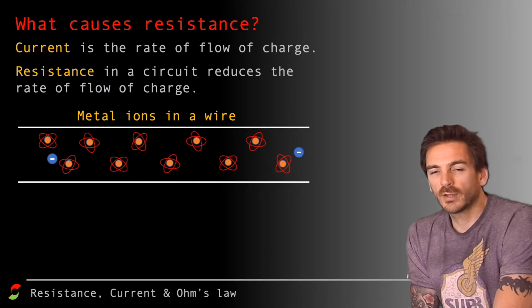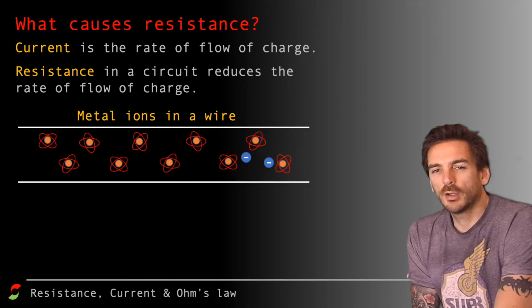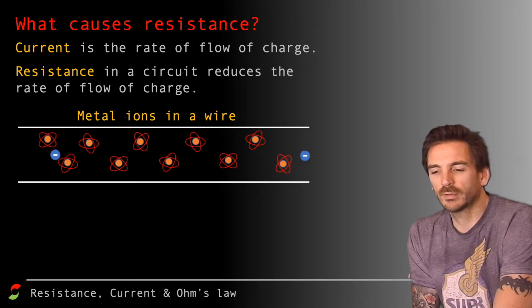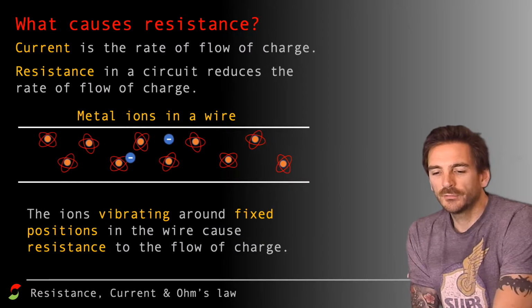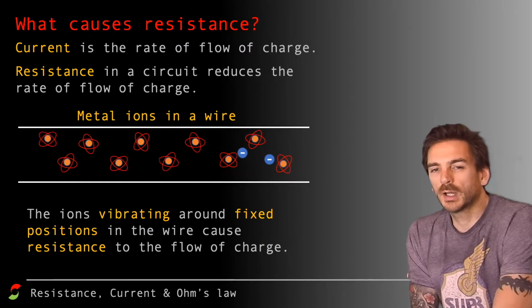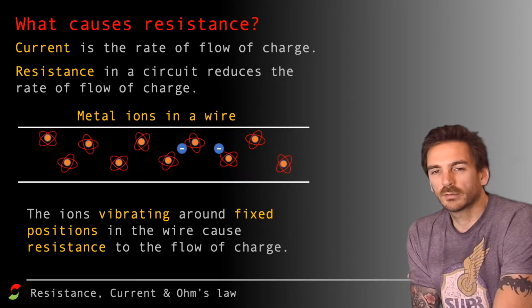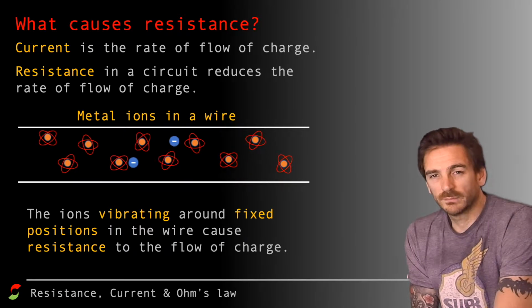That means that those blue blobs are not able to flow as easily. The flow of charge would be restricted. So that's what we mean by resistance: the ions in a conductor vibrate around a fixed position and they restrict the flow of charge.